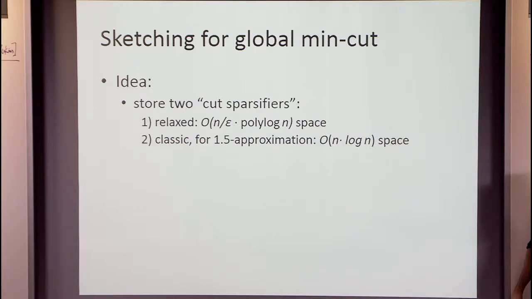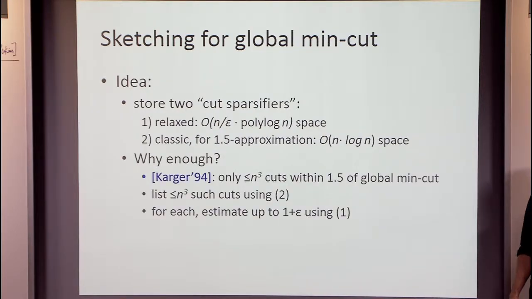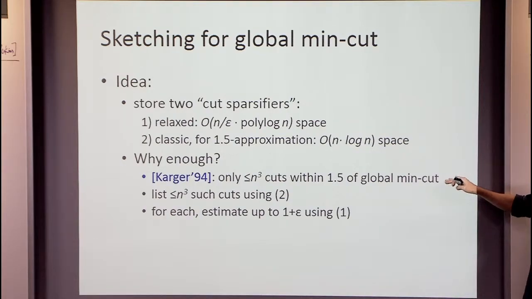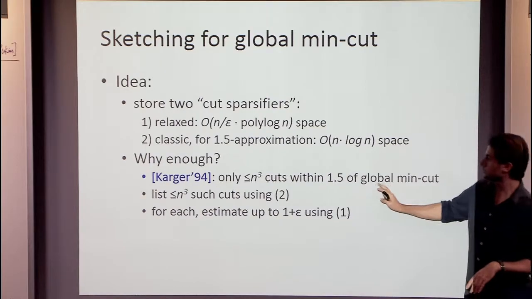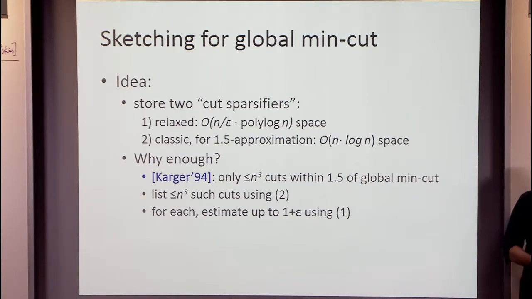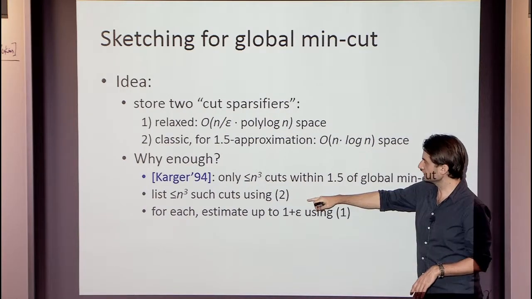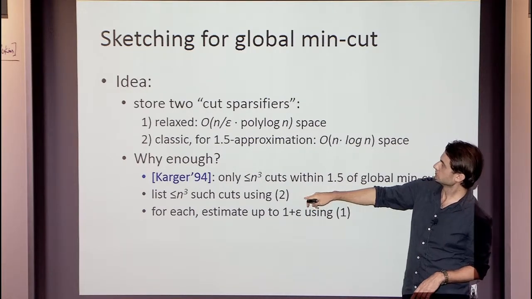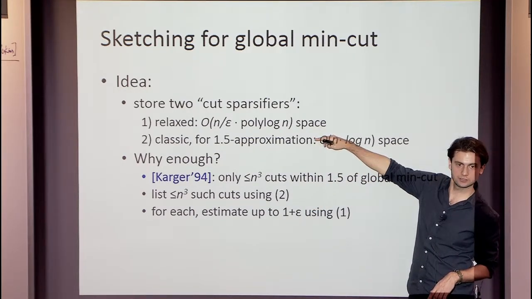And now the idea is, why is this enough? So David Karger proved a nice theorem saying that there is only a polynomial number of cuts which are within a factor of 1.5 of a global min cut. Okay, so we can list all such cuts using this sparsifier.